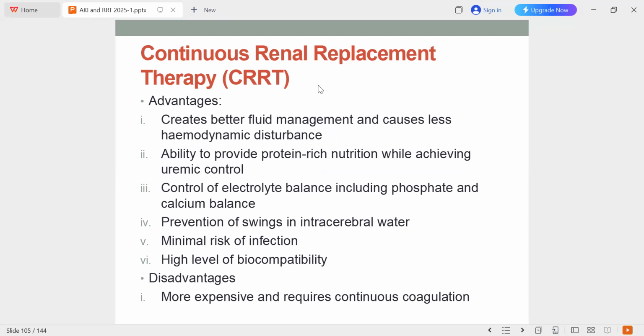It also prevents swings in intracerebral water, reducing the potential for intracranial hypertension. There's minimal risk of infection, and it has a high level of biocompatibility. The significant disadvantages are that it is more expensive, like we mentioned, and requires continuous anticoagulation.